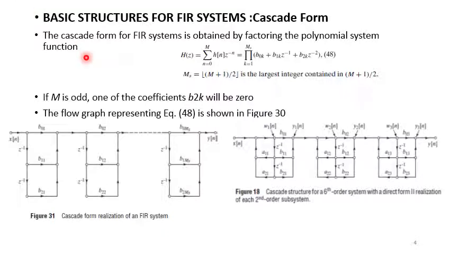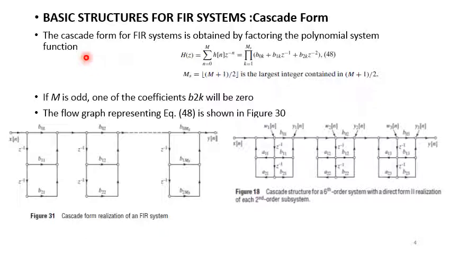So just like we had expression for the cascade form for IIR system, we can also have a cascade form for the FIR system. And if you recall, to obtain the cascade form, we represented the system function in the factored form.